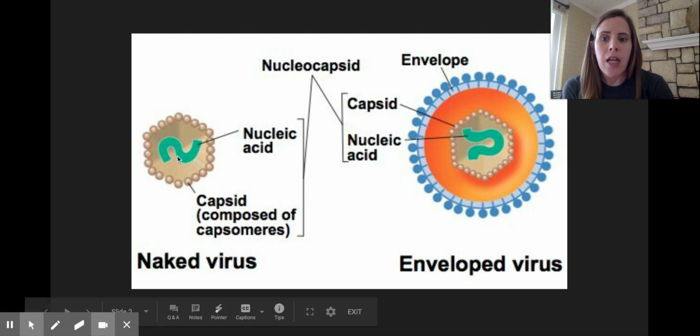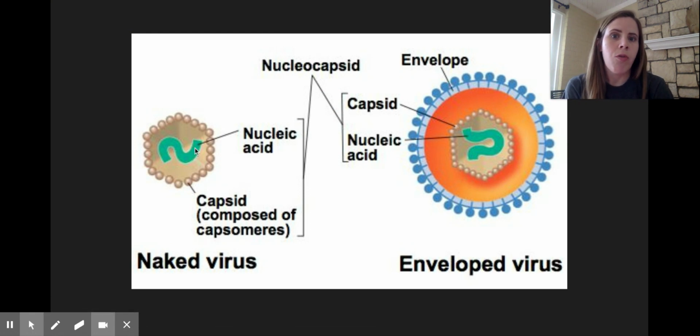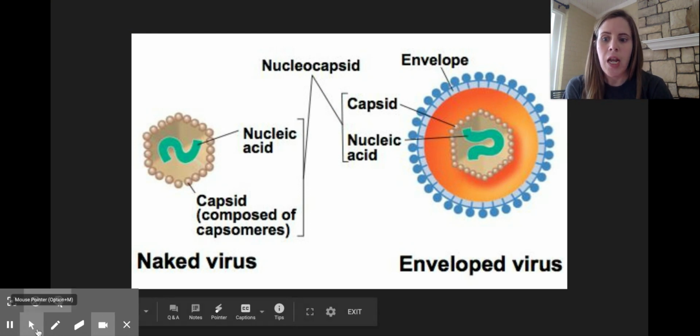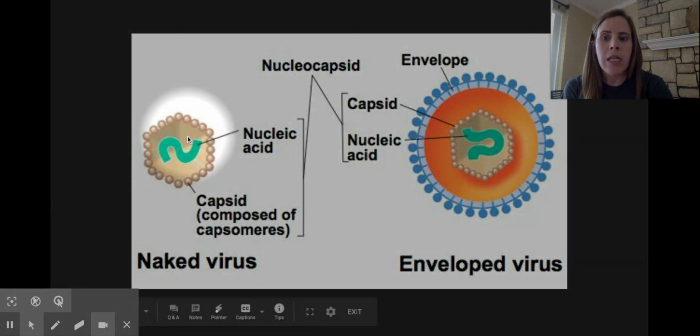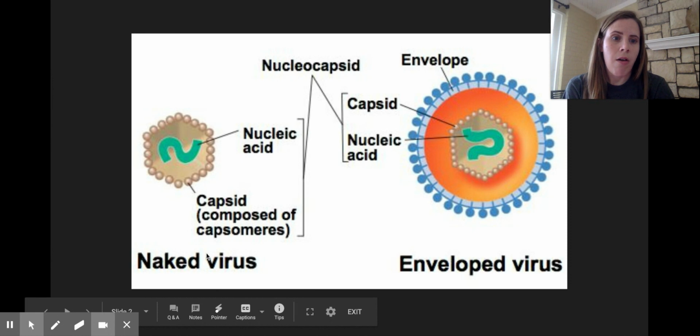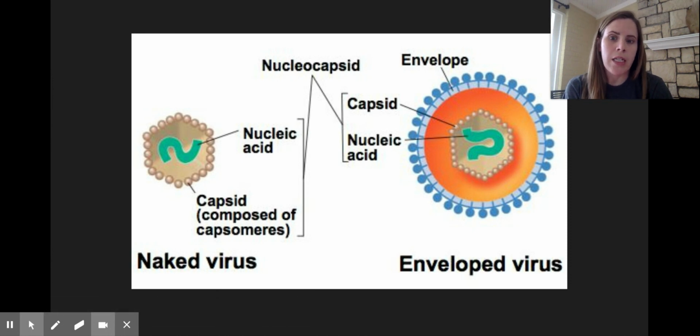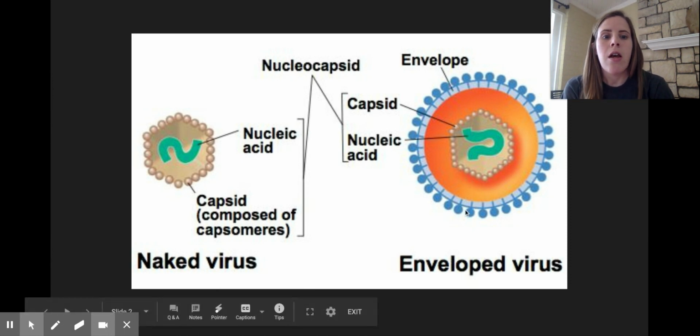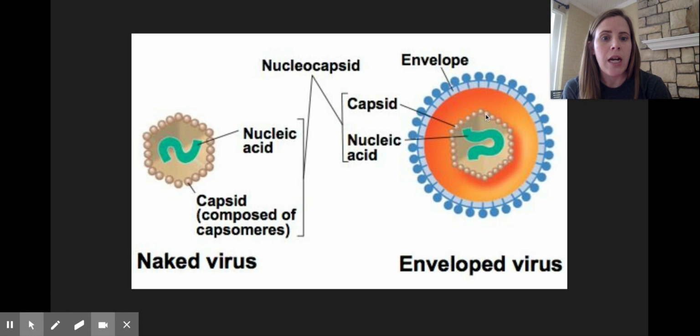Every virus has some kind of a nucleic acid inside of it. It might be DNA, it might be RNA. In the case of the coronavirus or COVID-19, it is an RNA virus, but they're about half and half. You have both kinds. Around the outside of that, you're going to have a capsid, and that is composed of proteins.